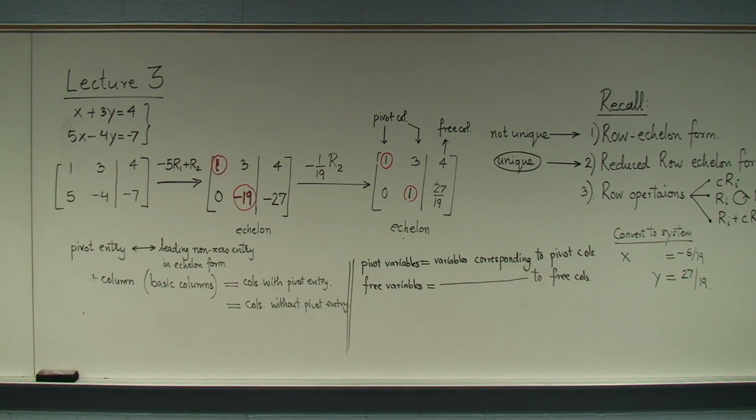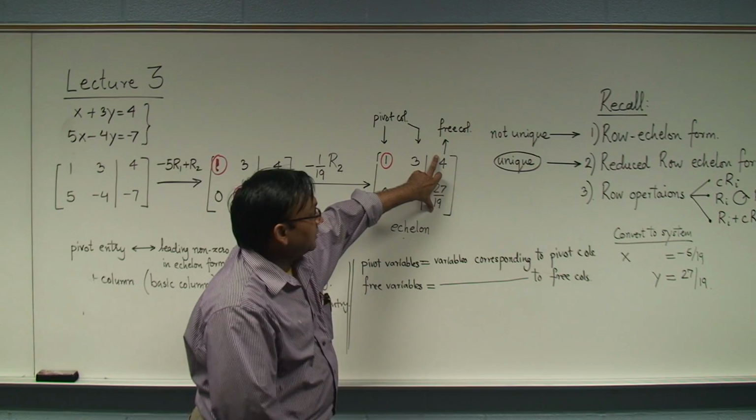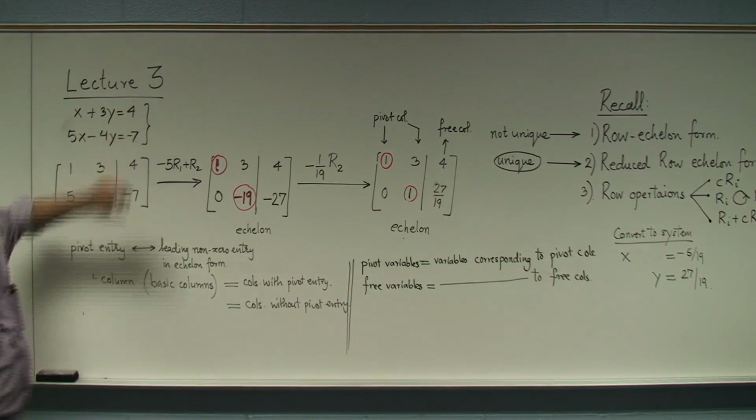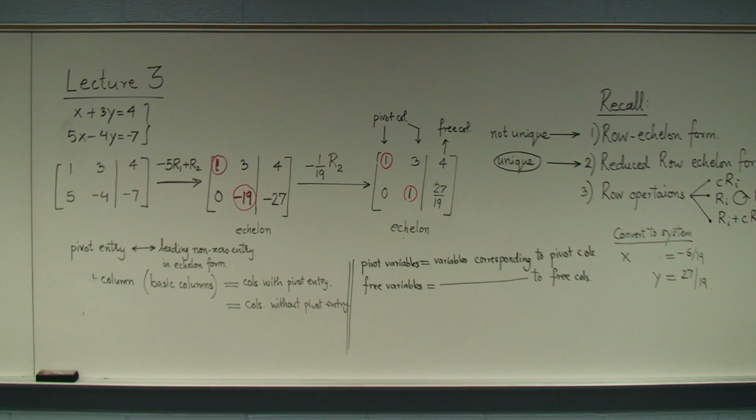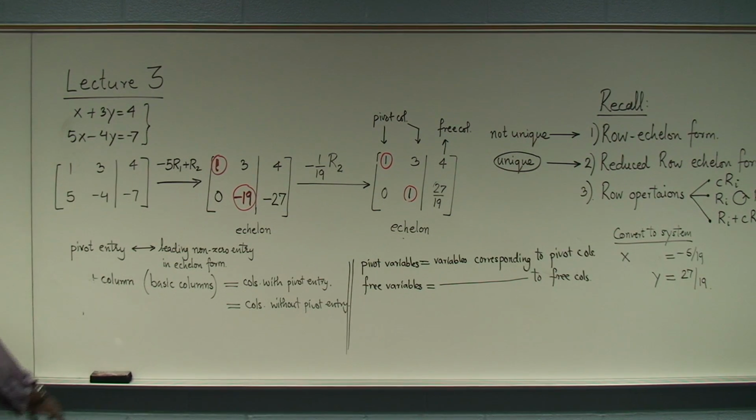So y is also a pivot variable. In our case, there are no free variables. Remember, this third column is not a variable column, it was the right hand side of my equation. So that is a non-variable column, so that is not what we want to include as a free variable, because it doesn't correspond to any variable whatsoever.